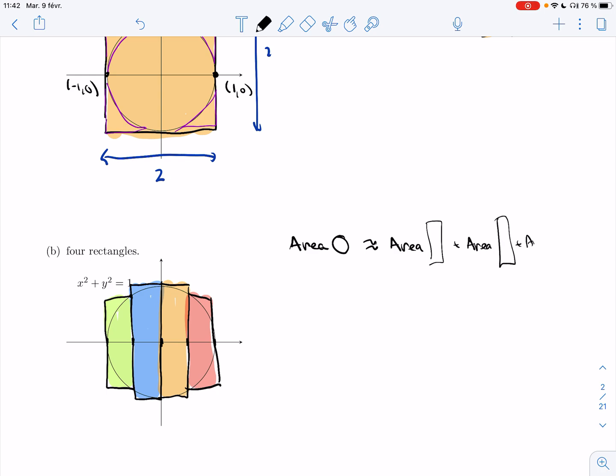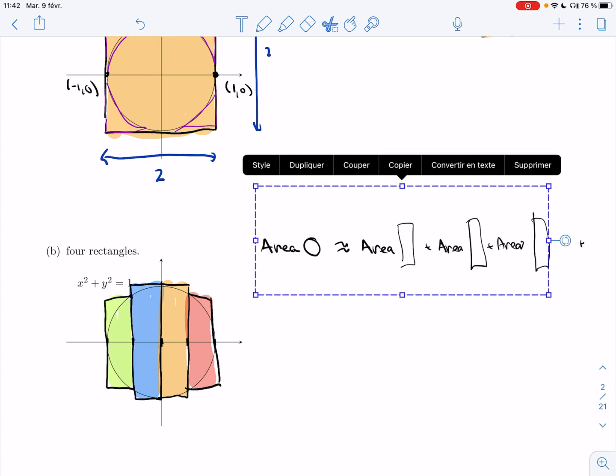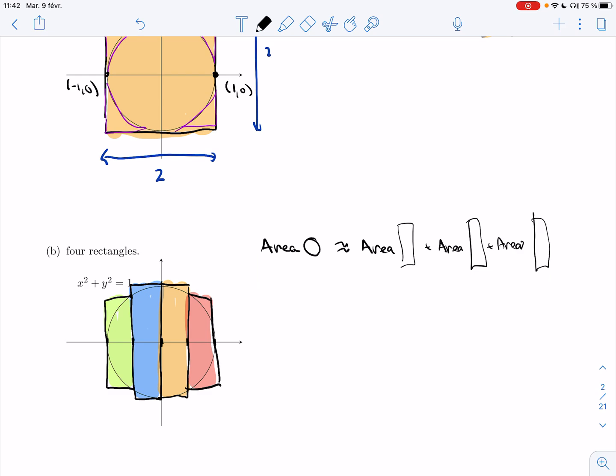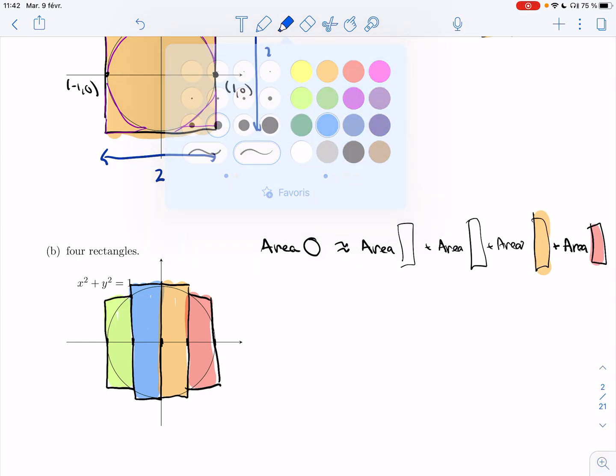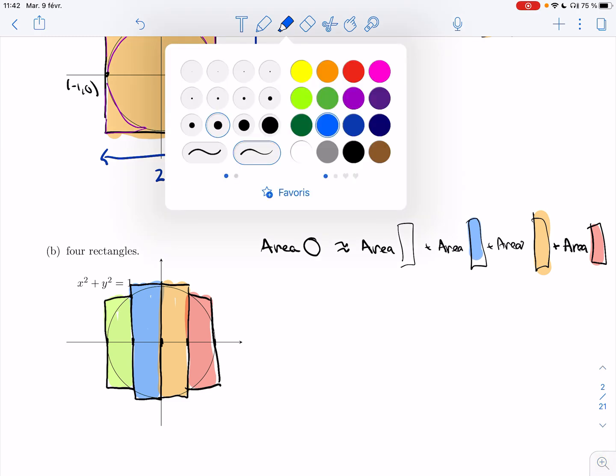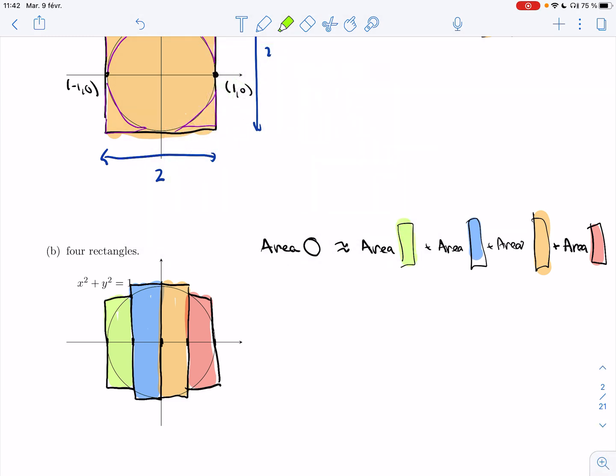Let me move it slightly left so I can complete what I wanted to write. All right, so I'm going to add the area of the red, the area of the orange rectangle, the area of the blue, and the area of the green, right?